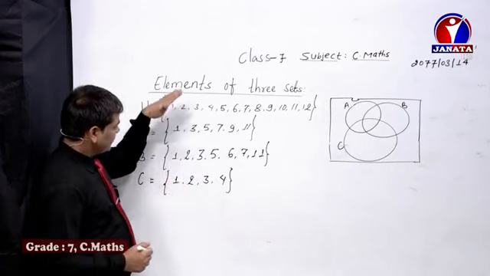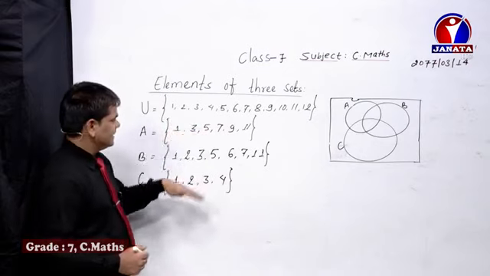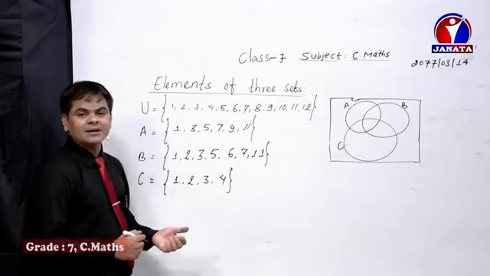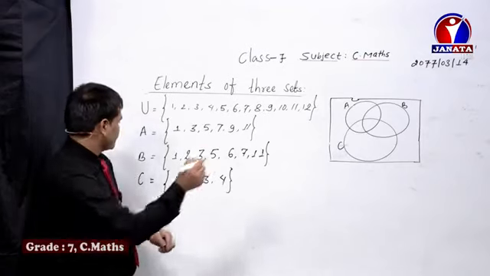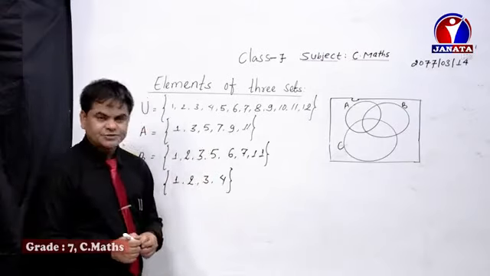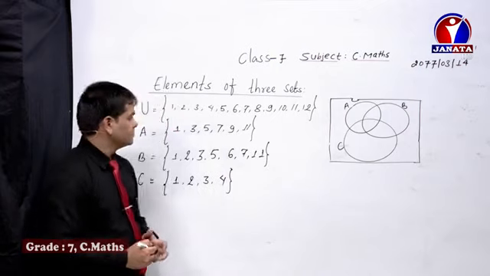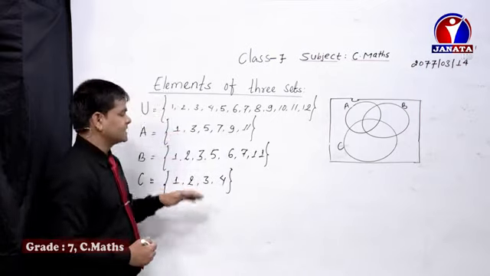So by taking together these three subsets of this universal set, let's keep them in a Venn diagram and try to find out the information from it. First of all, as I have already told you, while keeping elements in a Venn diagram, the common elements of all three subsets should be kept first.